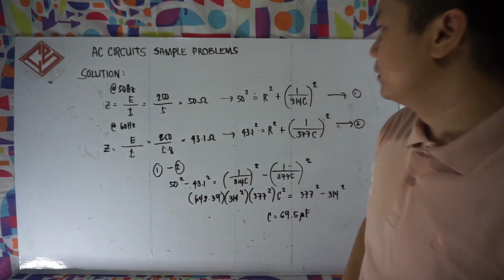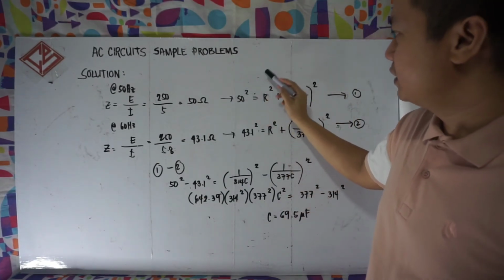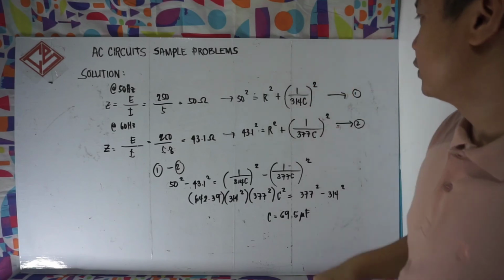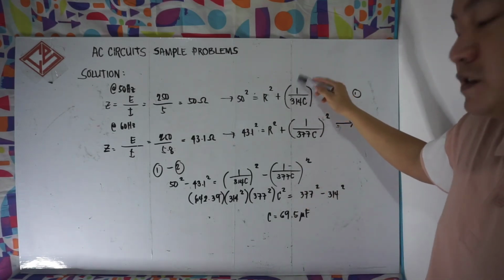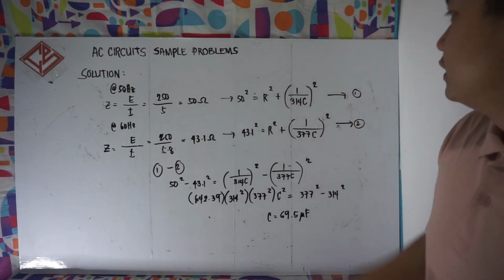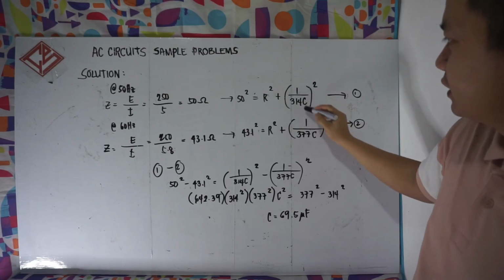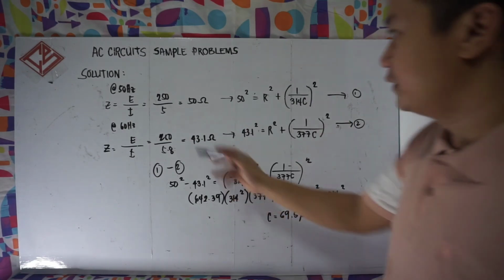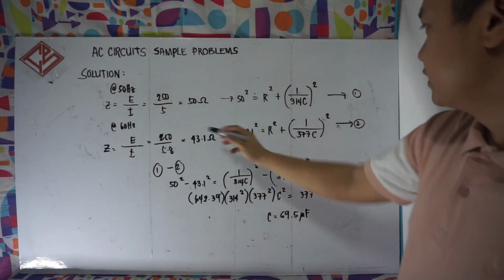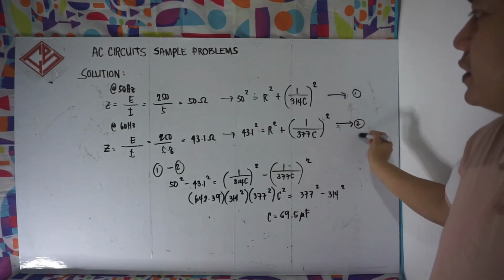Now, knowing the equation for impedance, which is Z squared equals R squared plus XC squared, where your XC is equal to 1 over 2 pi F times C. So your 2 pi F is 314 times your capacitance at 50 Hz. So at 60 Hz, that is 377 C. So you have equation 1 and equation 2.